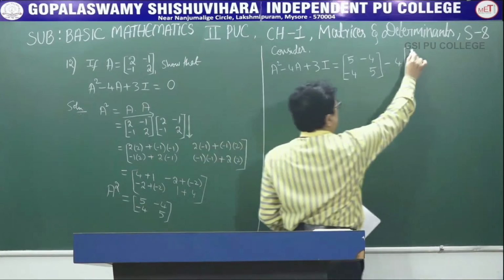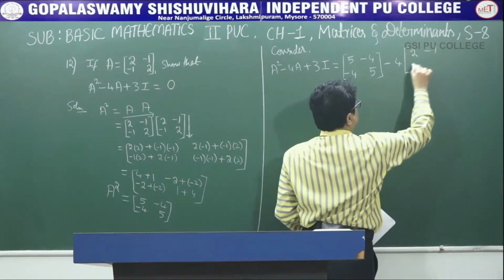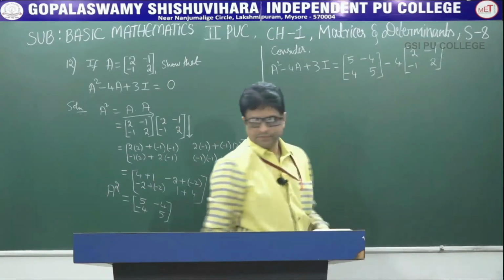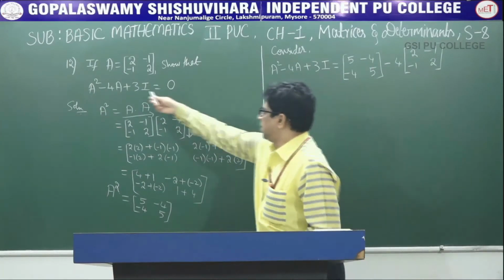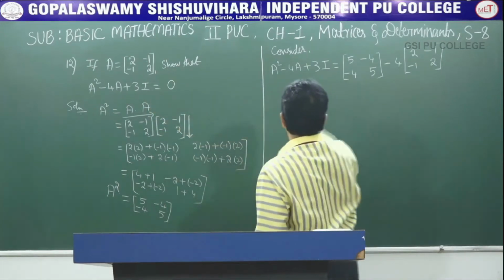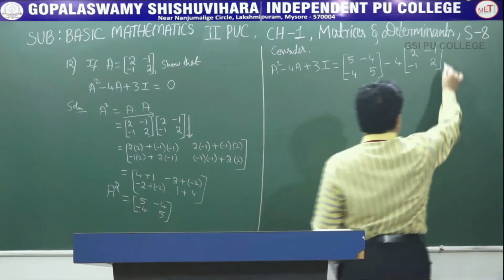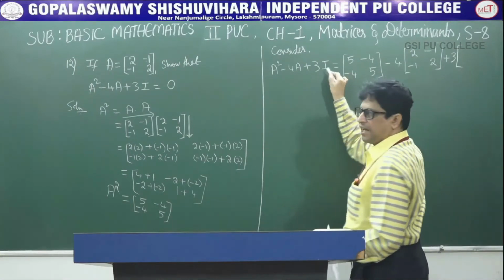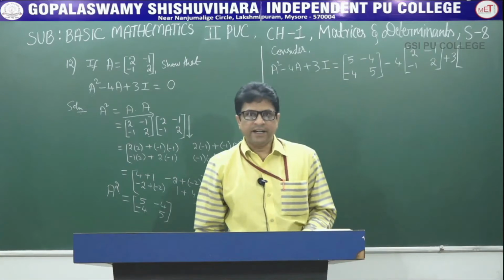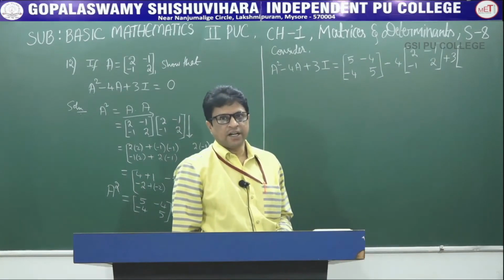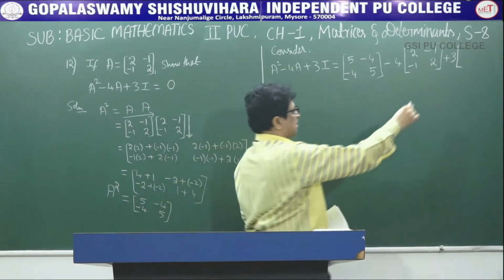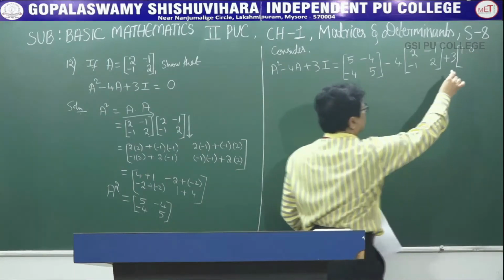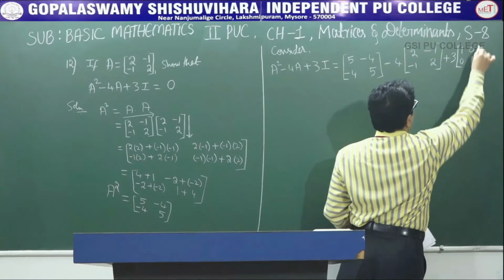So, here [2, -1; -1, 2], plus 3 into I. I is the identity matrix of order 2. So, [1, 0; 0, 1].